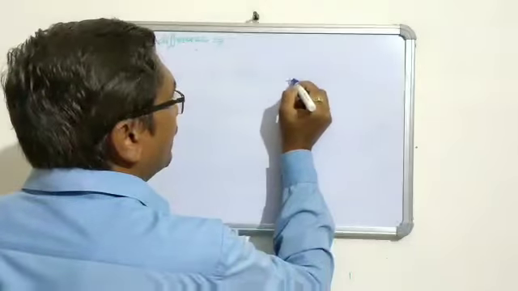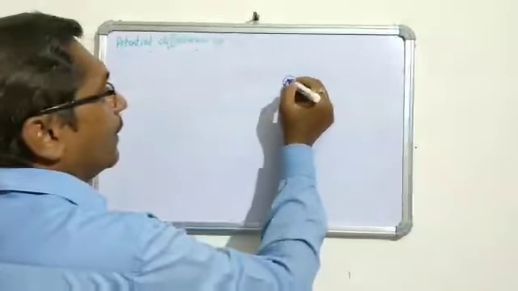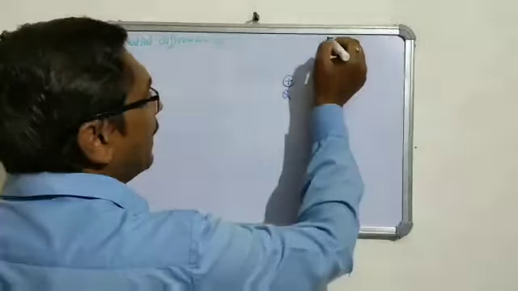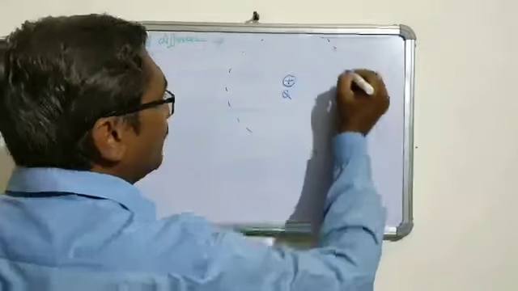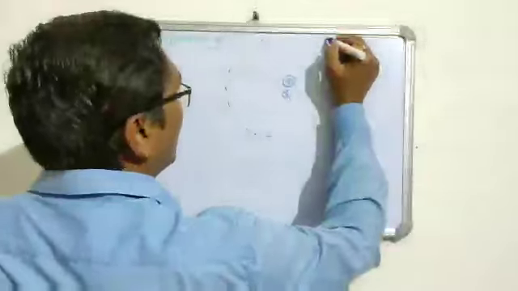Suppose there is a charge Q and the force applied by the charge in this range. The force may be attractive or may be repulsive, because it depends on the nature of the charge.